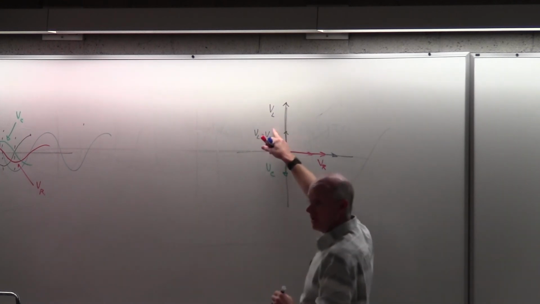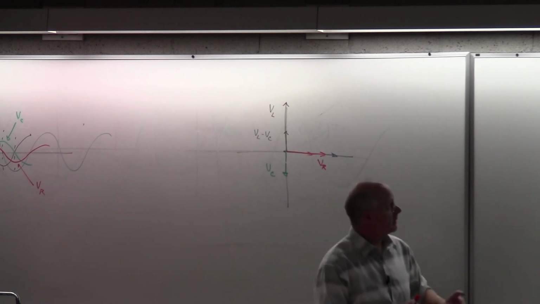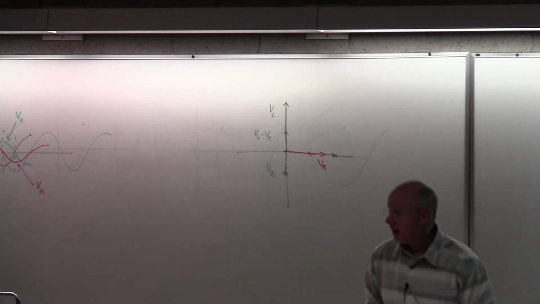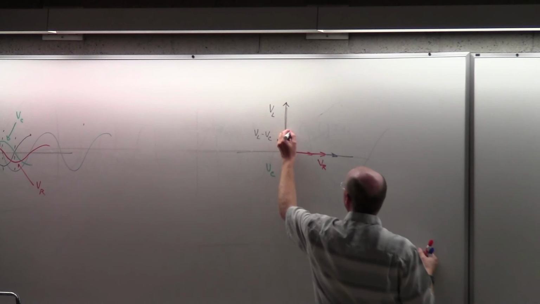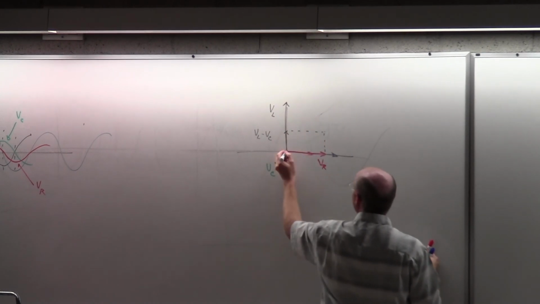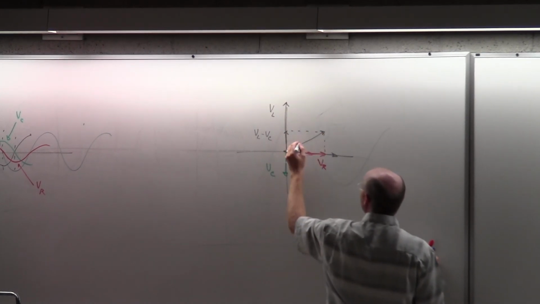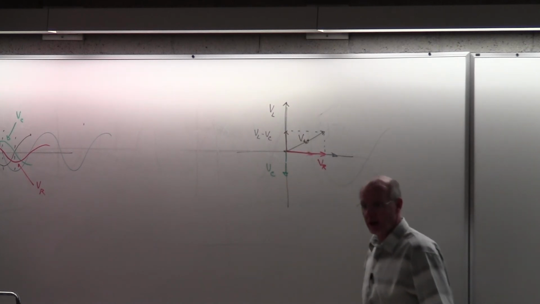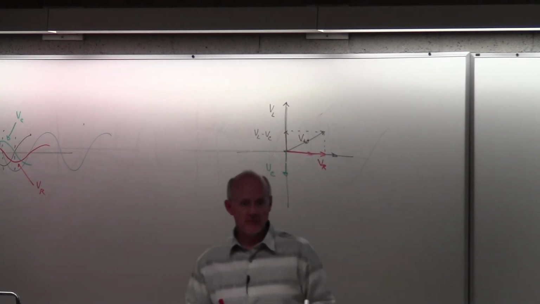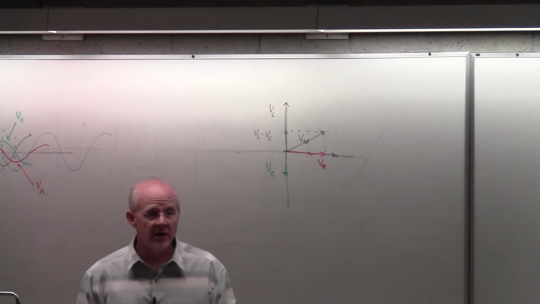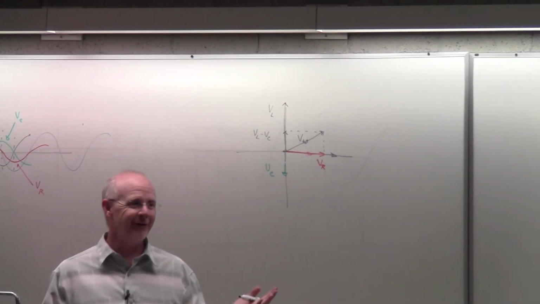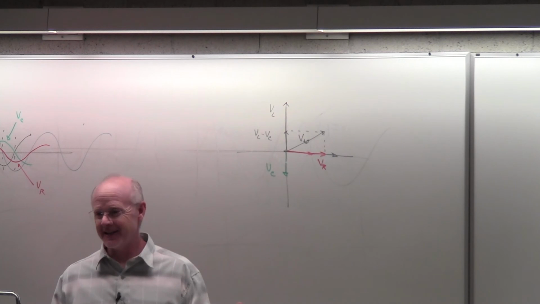So I've drawn VL bigger than VC, like your author did. And then I've got VR out to here. And so there is the total voltage. A vector sum. And they're at right angles, so it's Pythagorean's theorem. How great is that? It's going to be easy to add together.